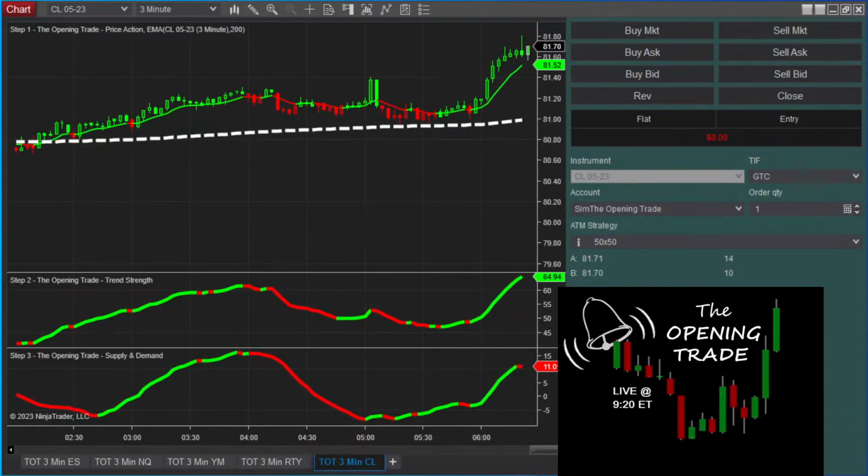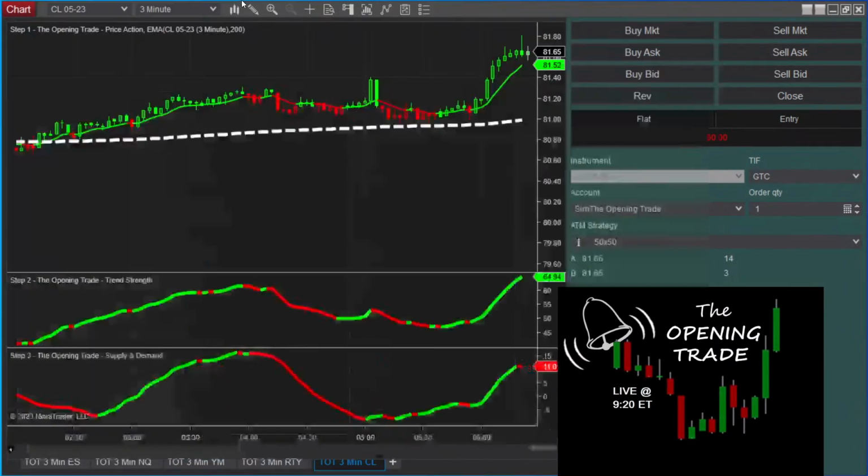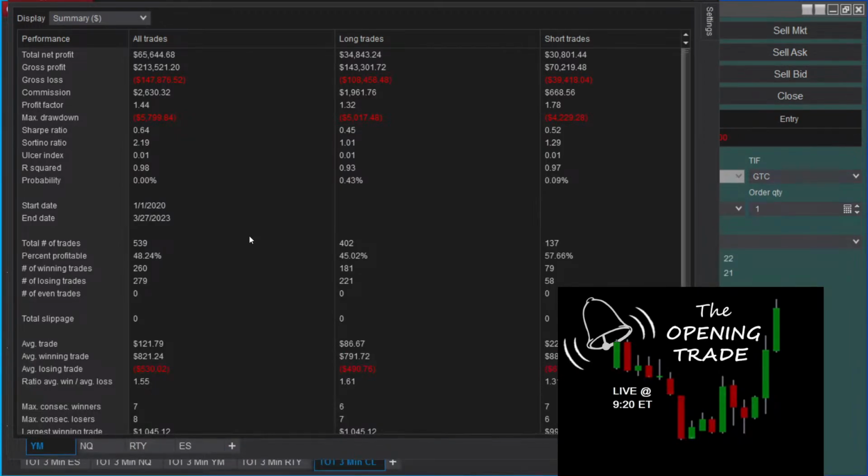All right, let's take a look at the back test results on the systems that we could possibly see fire off live later on this trade. The first automated system we could see fire off will be on the Dow Jones futures.